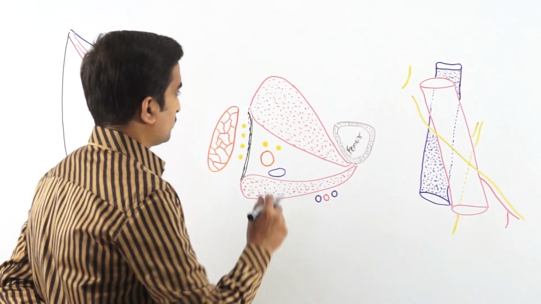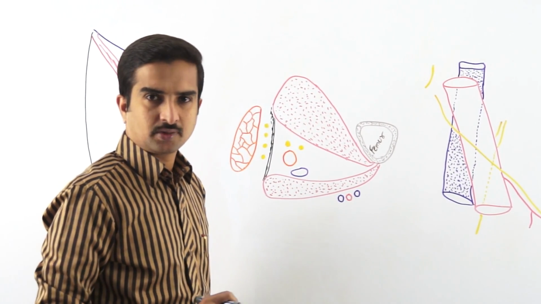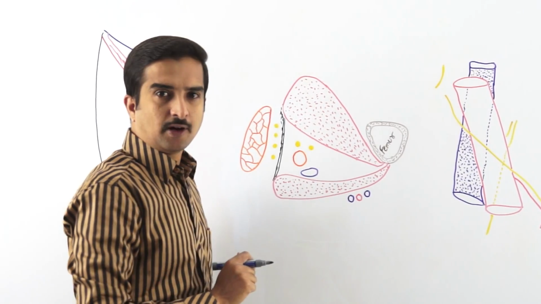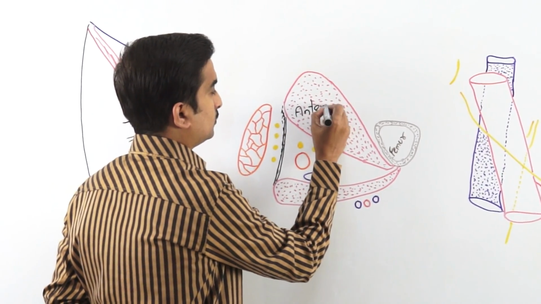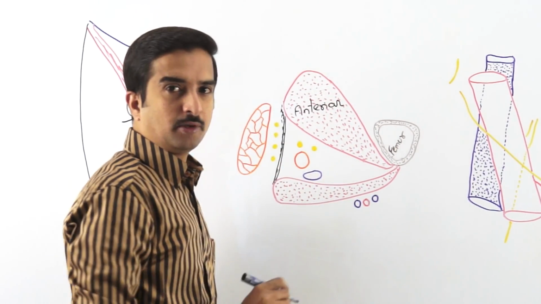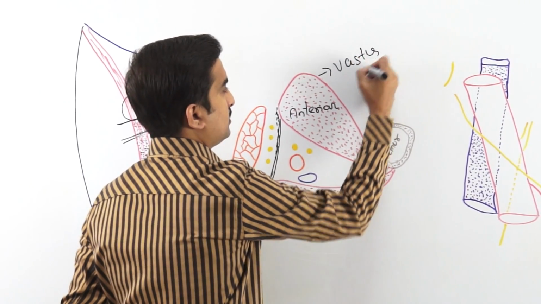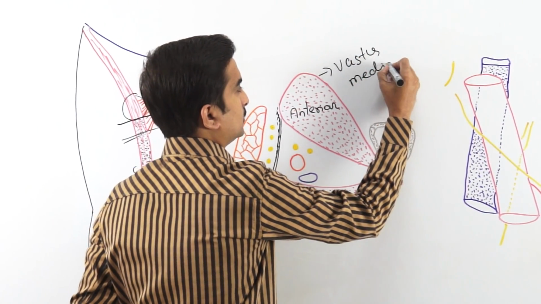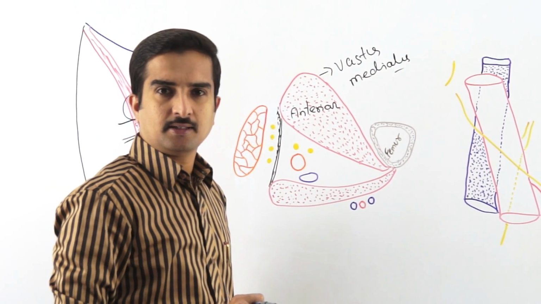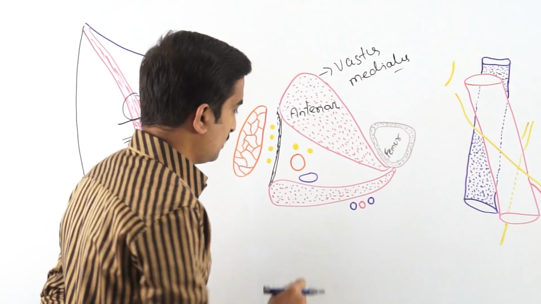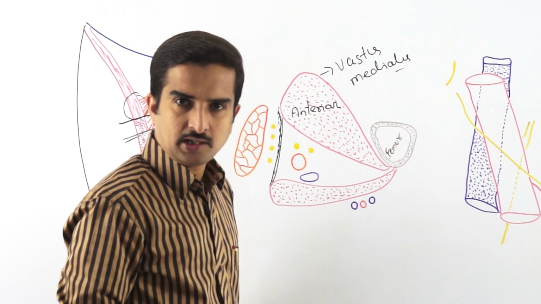So here let us see the anterior wall. This is the anterior wall. The anterior wall is formed by vastus medialis, and the posterior wall is also called the floor of the canal.